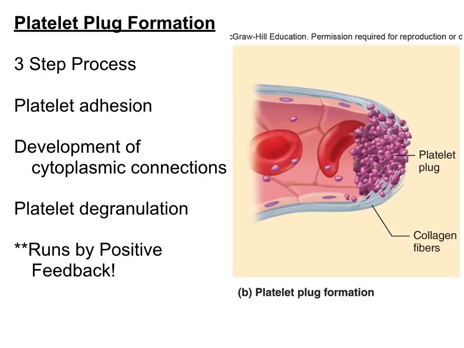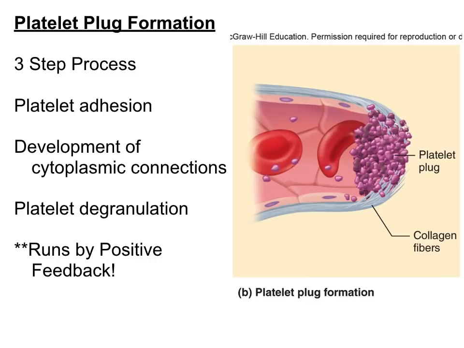However, when it is released by a platelet, it's actually considered a clotting factor. This ADP has the ability at this little wound site to actually attract more platelets and trigger those platelets to undergo degranulation as well.